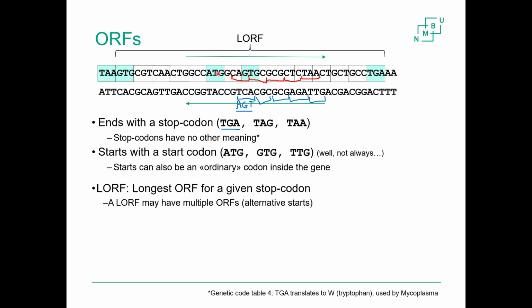And these ORFs can overlap and be nested inside each other. So there are many, many, many ORFs. And actually there are roughly 100 times as many ORFs in a genome as there are real coding genes. 100 times. So in an E. coli genome, you have like 5,000 genes, but you have 500,000 ORFs.